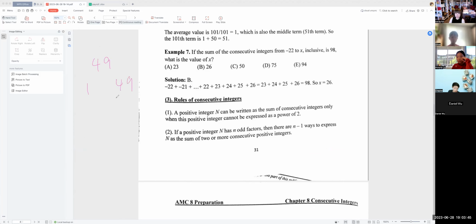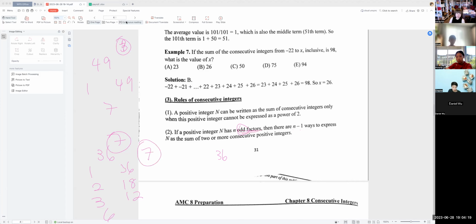Get it? But only one kind of number has an odd number of factors, and that is the square number. 49, 1, 49, and 7. Get it, Victoria? Okay, so 36, 1, 36, 2, 18, 3, 12, and 6. 看到没有？只有完全平方数，它的 factor 的 number 是 odd 的。看到没有？So they're telling you, so 36 has n minus 1 ways to express n as a sum of 2 or more consecutive. 那这个 36 一共有几个 factor 啊？有9个 factor，对不对？and odd factors.